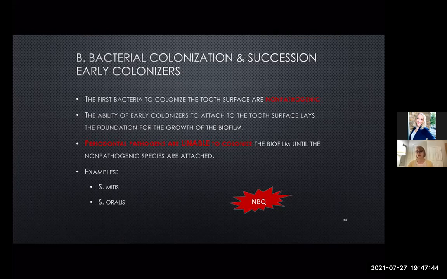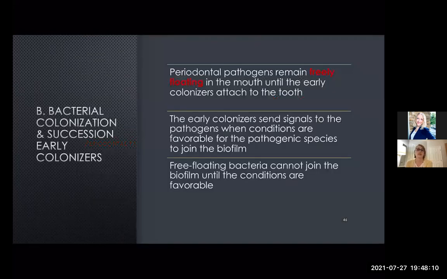Next, we've got periodontal pathogens, right? So periodontal pathogens are unable to colonize the biofilm until we get those non-pathogenic species attached. So we have to have those run-of-the-mill Streptococcus attached to the acquired pellicle before we start to get any dangerous pathogenic bacteria into that colony.